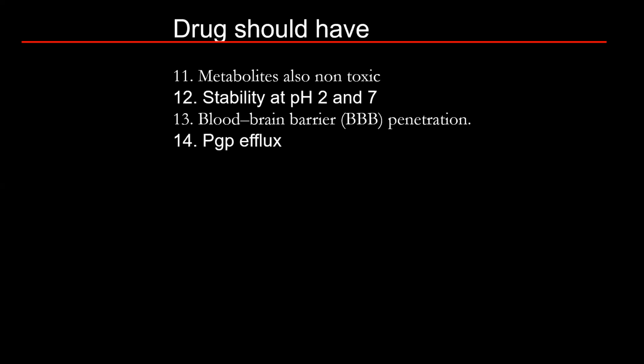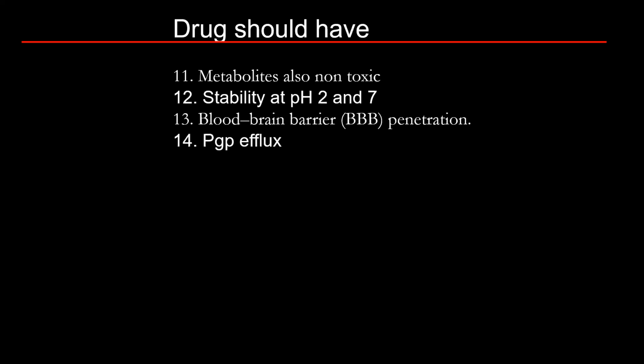Then there is P-gp efflux. This is called P-glycoprotein. There are many glycoproteins inside the body which capture any foreign material and throw it out. The idea is to protect your body from toxic chemicals, xenobiotics, and other things.